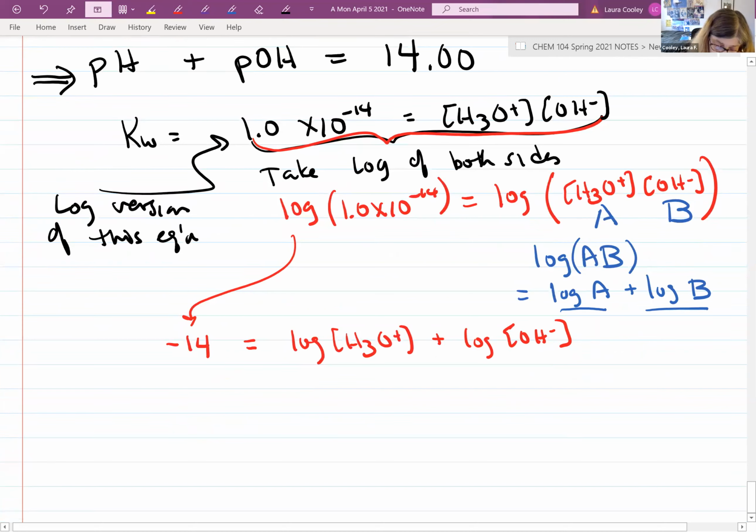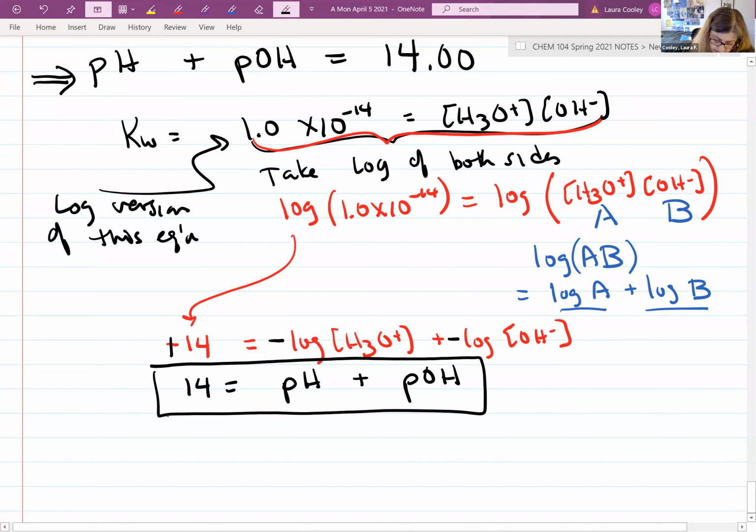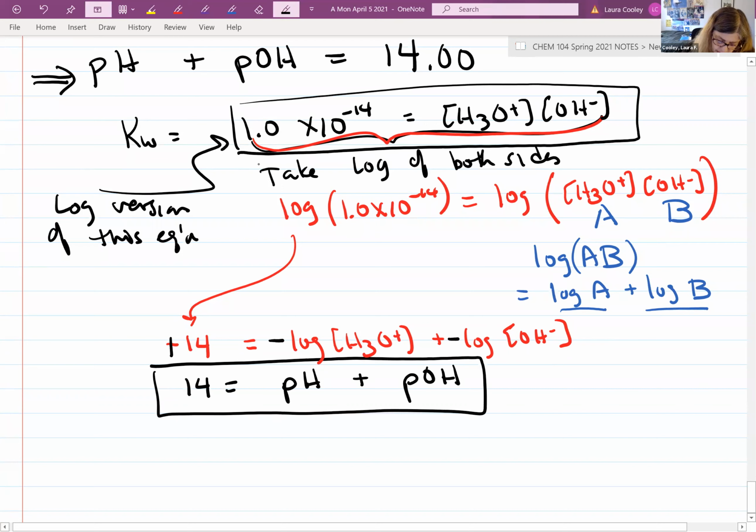And now what I'm going to do is just change the sign, multiply everything by negative 1. So it's plus 14 is the negative of this plus the negative of that. And so that becomes the pH plus the pOH. So this equation here is just the log version of this equation. Okay, that's where it comes from.